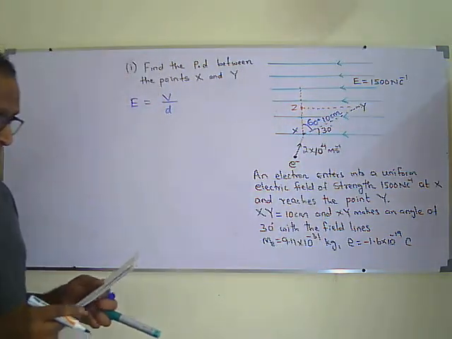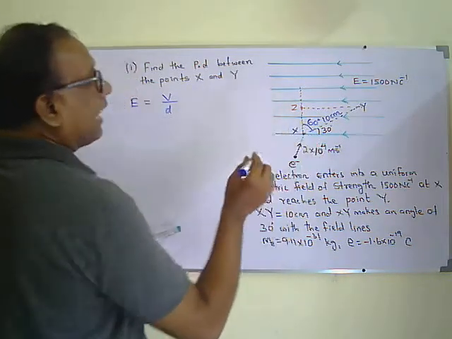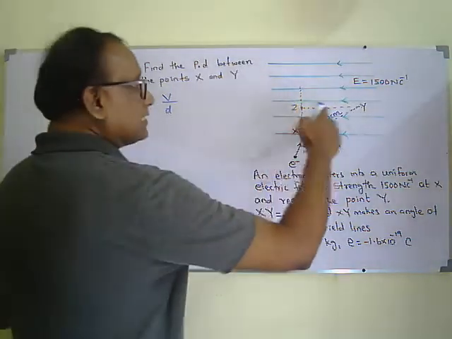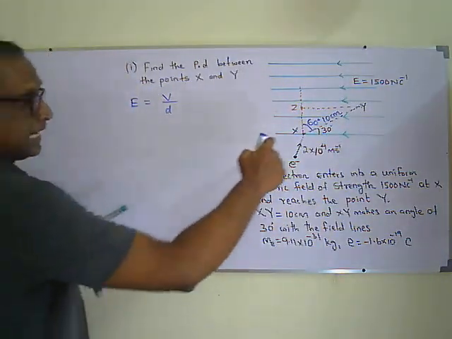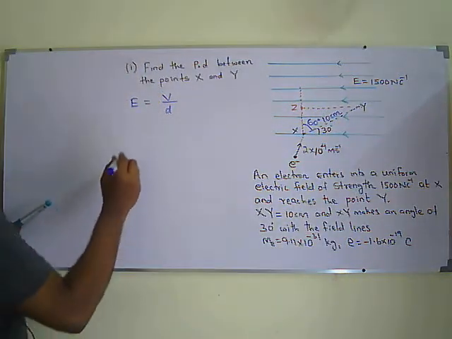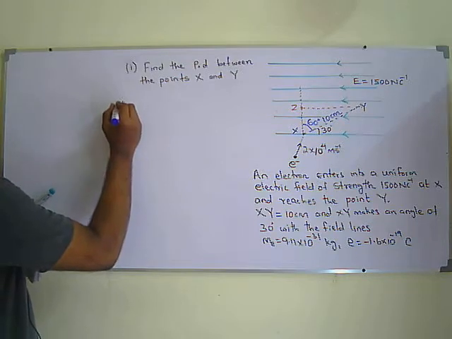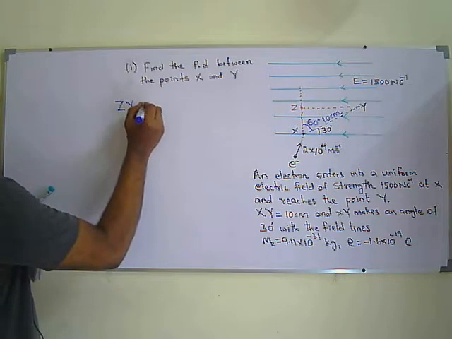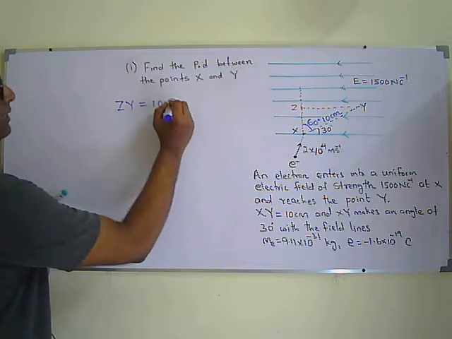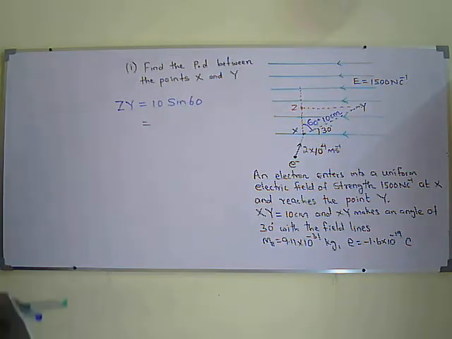Since I know the line XY is 10 centimeter, I can say ZY = 10 sin 60. If you solve it, you will get the length of ZY.